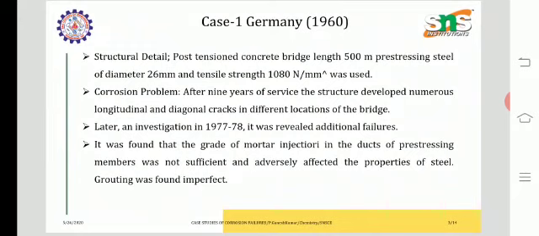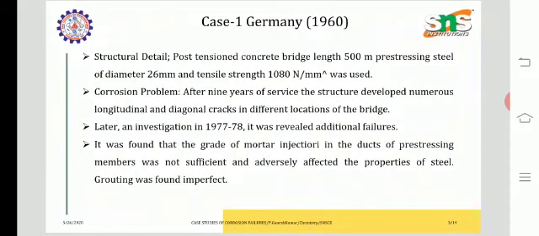Later investigation in 77-78 revealed additional failures too. It was found that the grade of mortar injection in the ducts of the pre-stressing members was not sufficient and adversely affected the properties of the steel.